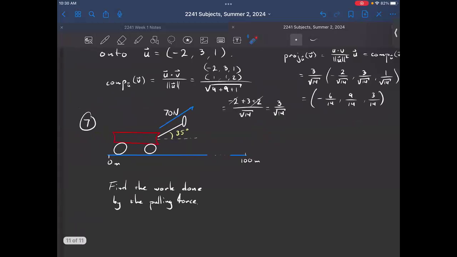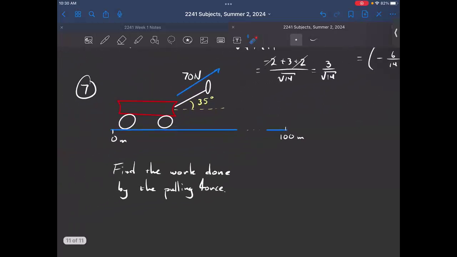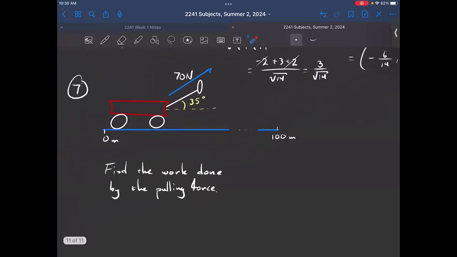All right, and now our last problem here, this is the one on work. So we have a wagon that is being pulled in the rightward direction, for a distance of 100 meters. The force that's pulling it is acting at 35 degrees to the horizontal.